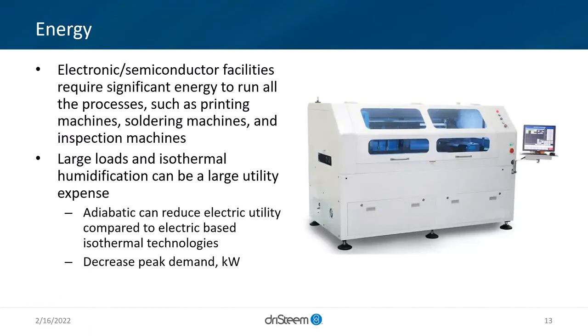So energy. Energy is a big deal in this sector, and they're really a large energy user. Just from the processes themselves, there's a lot of heating and cooling and different printing technologies and different things that generate waste heat that we could potentially benefit from with adiabatic solutions.